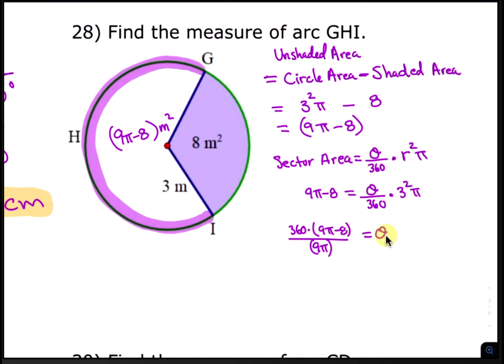Getting the degree measure by itself, we'd multiply both sides by 360 and then divide by 3 squared pi, which is 9 pi. So the degree measure is 360 times (9 pi minus 8), all divided by 9 pi. Putting this in the calculator, we end up with a degree measure of 258.14 degrees. So that is the measure of the arc GHI.